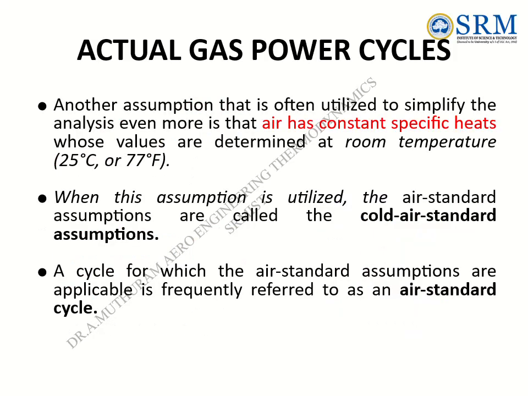Another assumption that is often utilized to simplify the analysis even more is that air has constant specific heats whose values are determined at room temperature, 25 degrees Celsius, or 77 degrees Fahrenheit. When this assumption is utilized, the air standard assumptions are called the cold air standard assumptions. A cycle for which the air standard assumptions are applicable is frequently referred to as an air standard cycle.